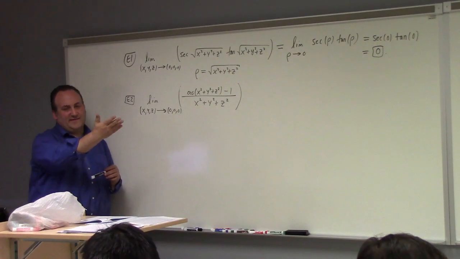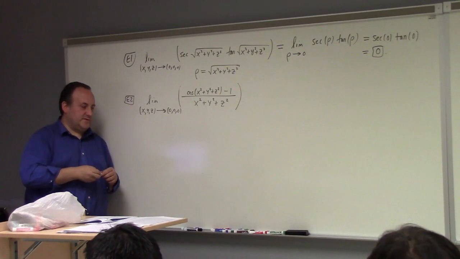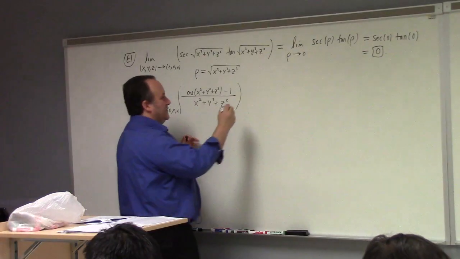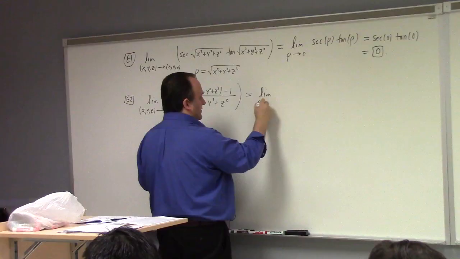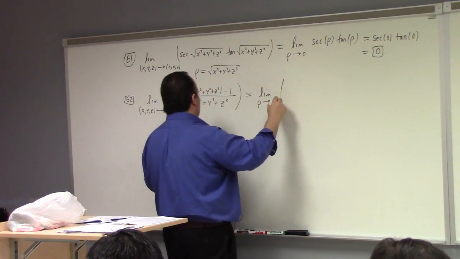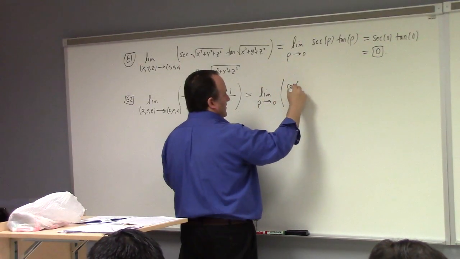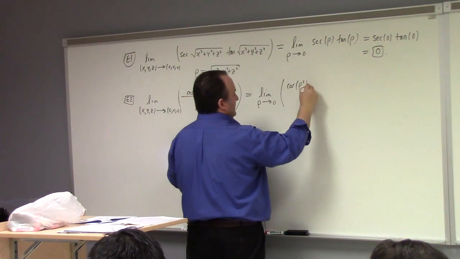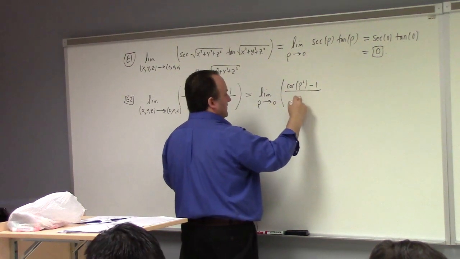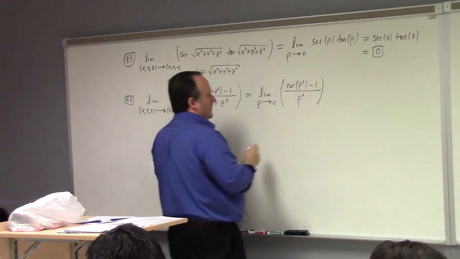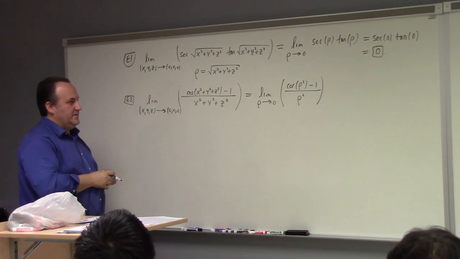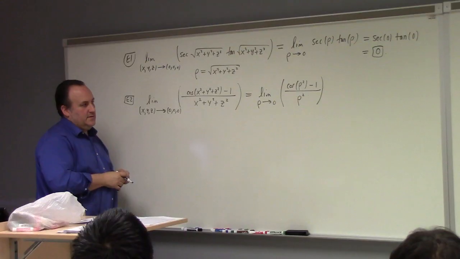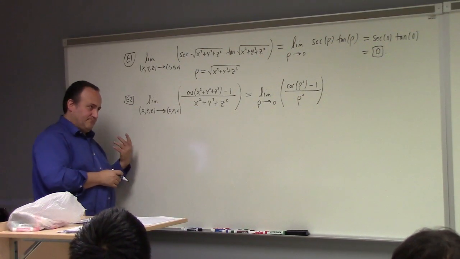So, again, this is tailor-made for a spherical substitution. So this is the limit as rho goes to 0 of cosine of rho squared minus 1 divided by rho squared, right? Now, I think what I would do at this point, I say it's type 0 over 0, right?